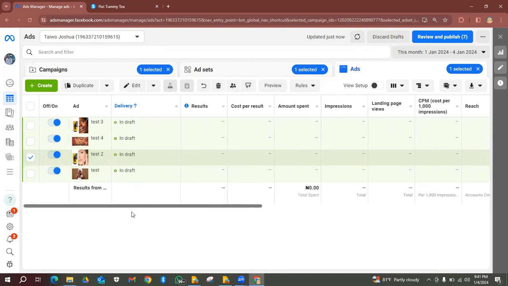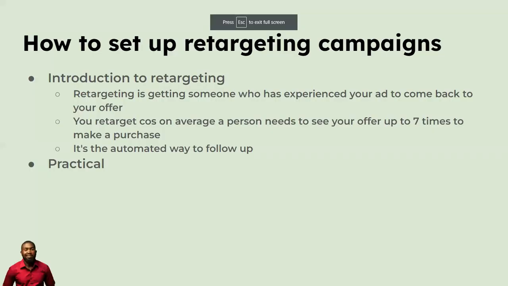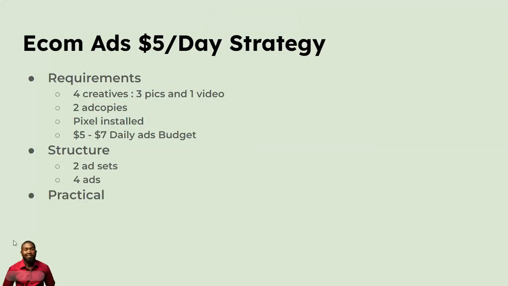So this is exactly how you set up the $5 per day strategy. Very, very simple. You can see how we used it here. You can see how we set it up. So that's how you set up. Very, very simple. Remember, your pixel should have been set up even before you start all this. Very, very important, because you're dealing with purchase here.